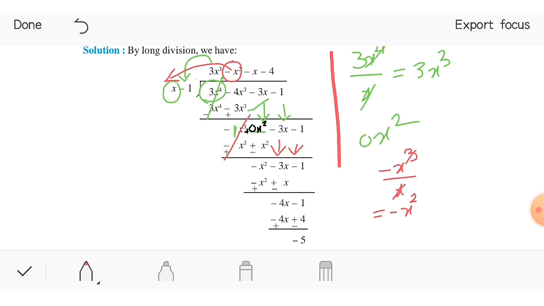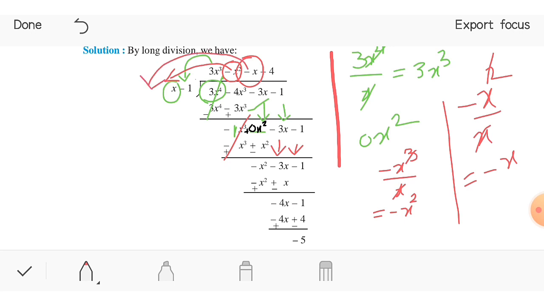Here again, what is the first term? Minus x square. Here the first term is x. Divide it, we'll get minus x. This minus x is to be placed in the quotient. Minus x into x will give us minus x square.